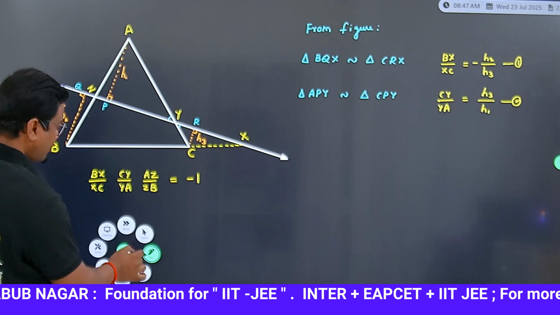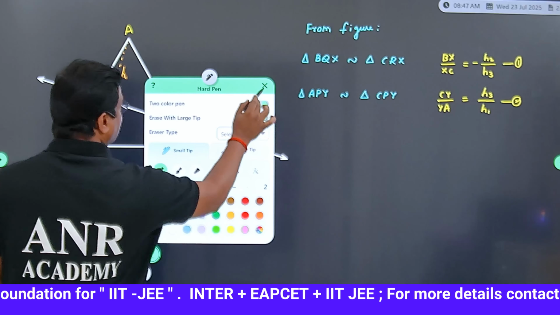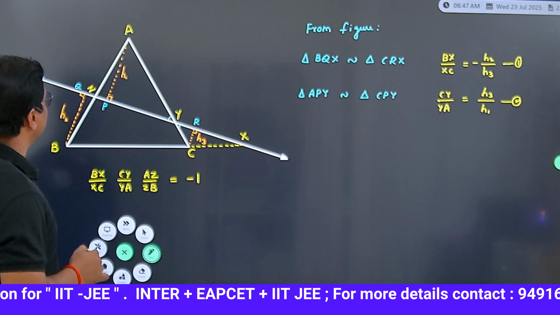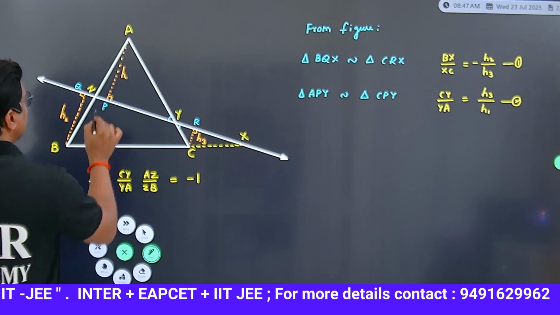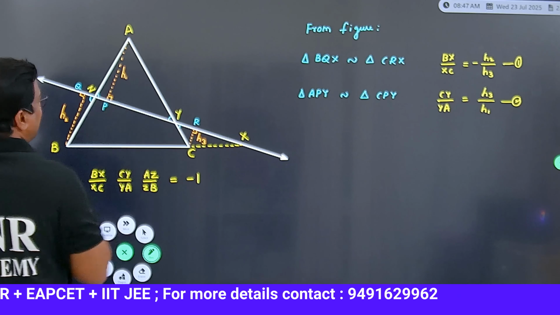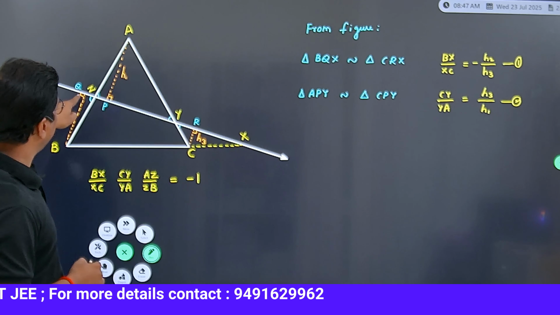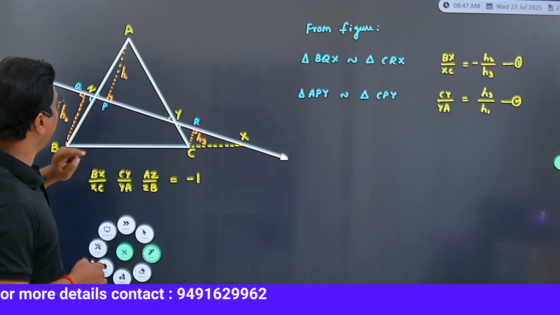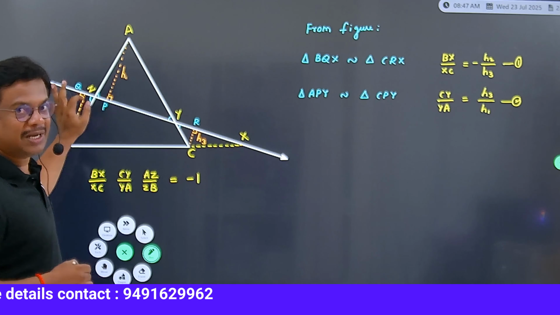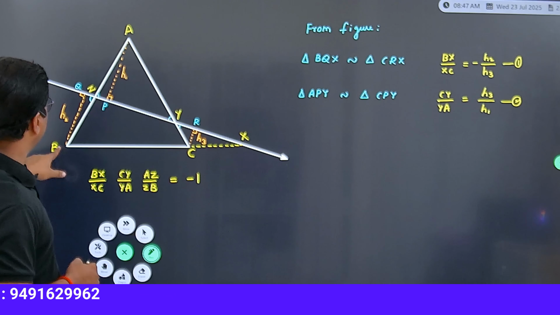Also, there are similar triangles. Let us observe these two. This is vertically opposite angle. These two angles are equal, and here it is of 90 and here it is of 90. So these two also similar triangles by AA similarity. What are the triangles here?